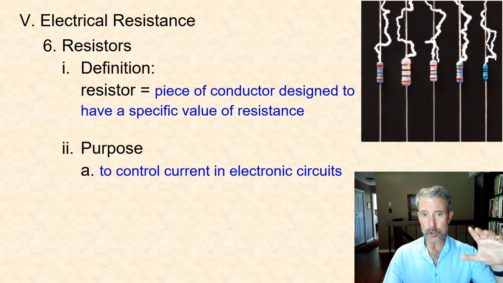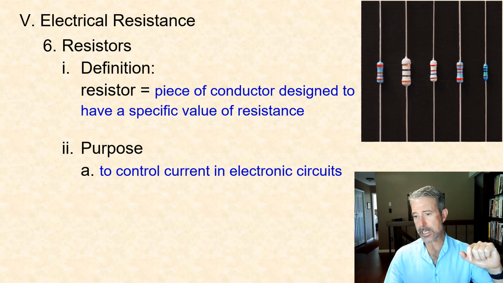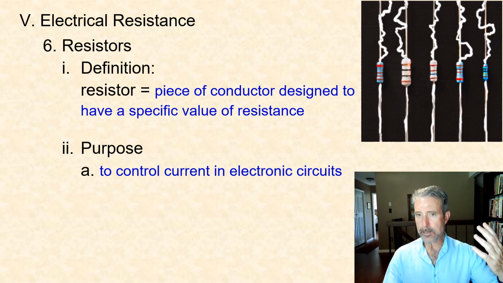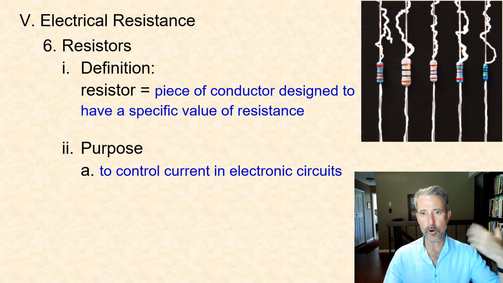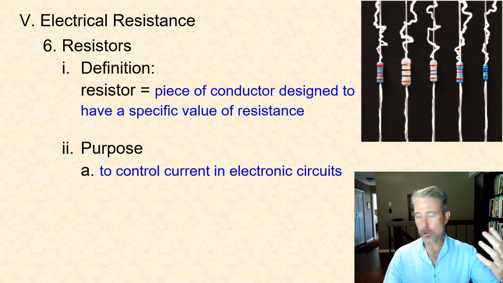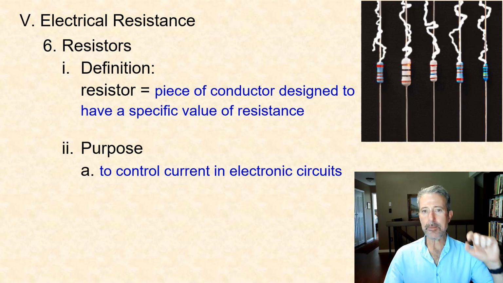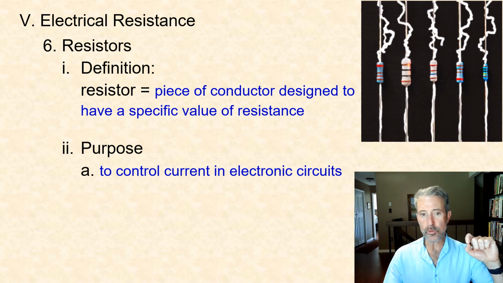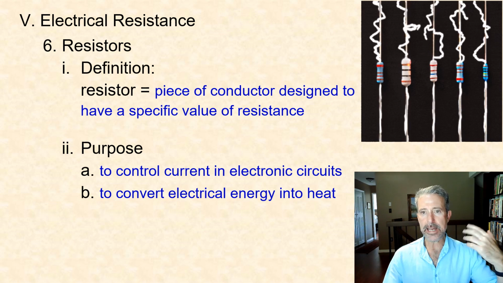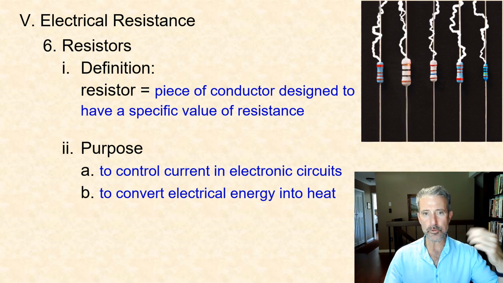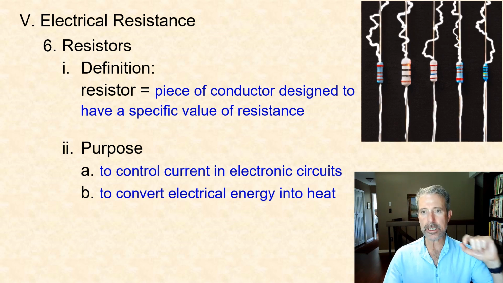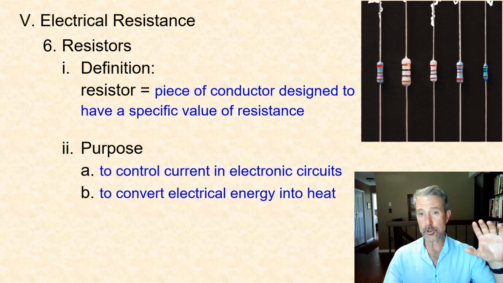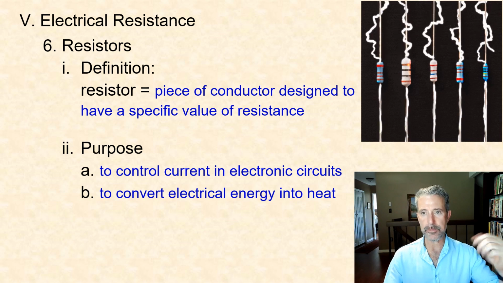They can also be used to convert electrical energy into heat. So when you're looking at an appliance containing a heating element, whether an electric stove, oven, or a coffee maker, these are nothing more than electrical resistors that are designed to have a certain amount of resistance in order to convert electrical energy in your circuit into thermal energy.